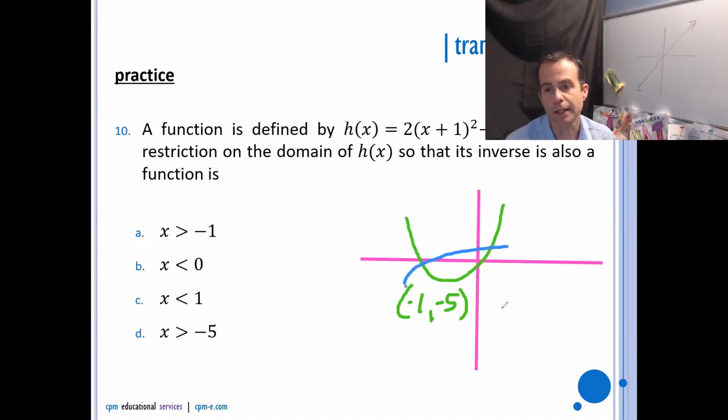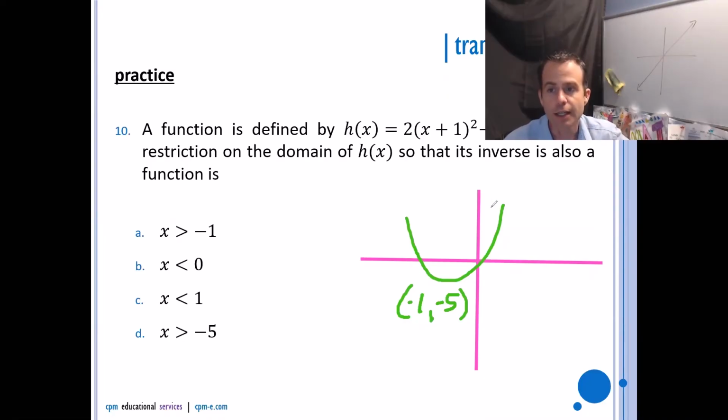So it would look something like that, right? And I don't want that because that's not a function. Many of you may be listening to this and saying, dude, it's just greater than -1 or less than -1. And you're right, that is the answer, but I want to have a little conversation here instead, because it doesn't have to be cut at the vertex, okay? Don't assume that it must be cut at the vertex.